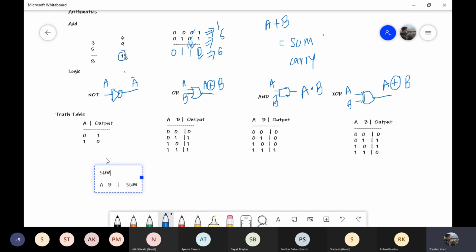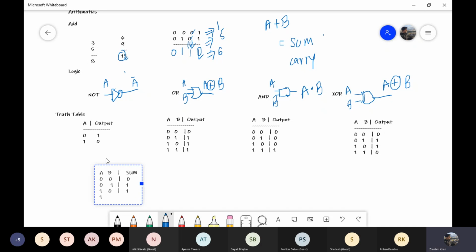So I'm not going to put output here. I'm going to say sum. And if A and B both are 0, sum is definitely 0. When A or B is 1, the sum is 1. Sum is going to be 1 once again.